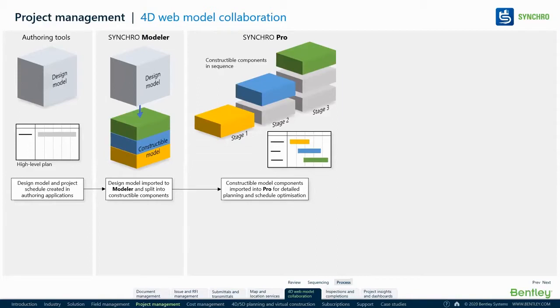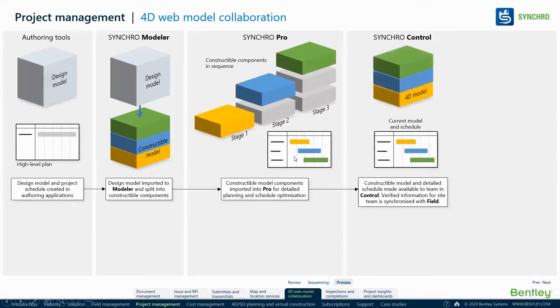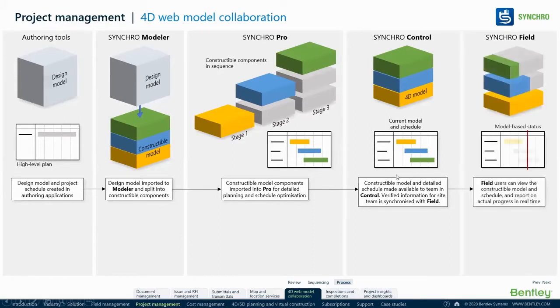So if you have a Primavera or MS Project, you can import that and extend your 3D model to that and create a 4D schedule part. Then you send that to the project management team, or your project manager or construction manager, for verification. And then after verification, you can send that to site.